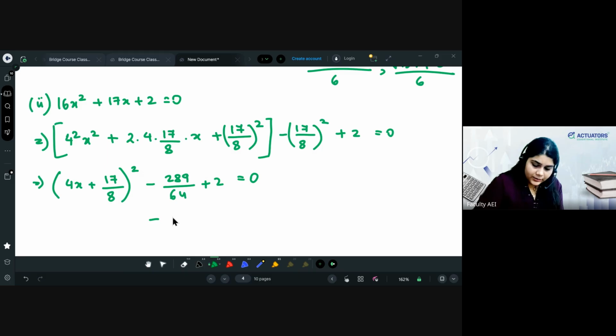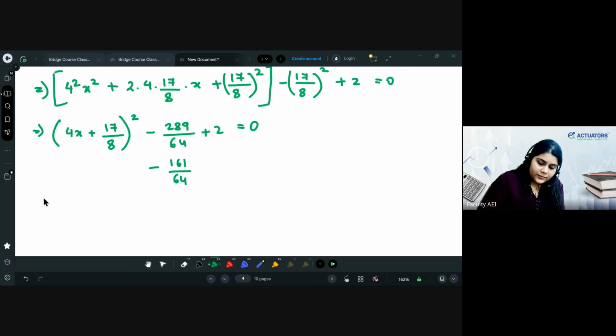So this becomes 161/64. तो x is equal to, क्या आ रहे हैं x के वैल्यूज?